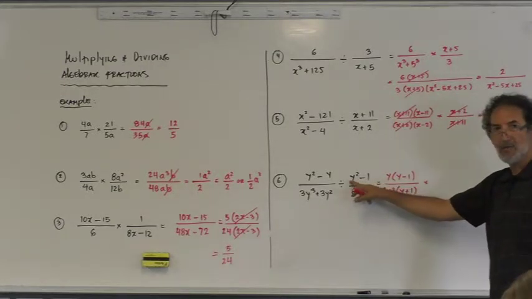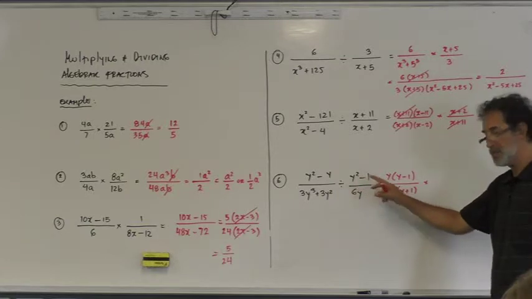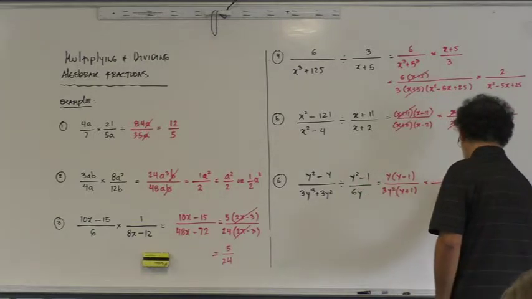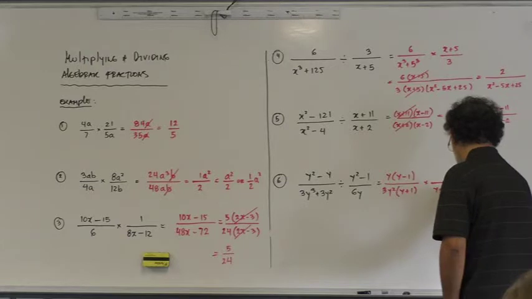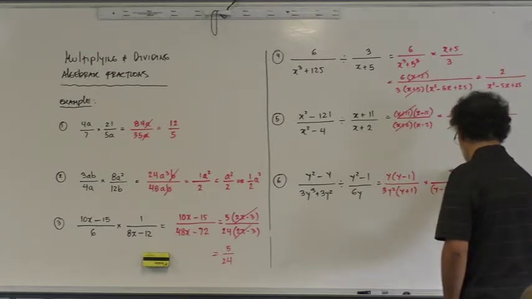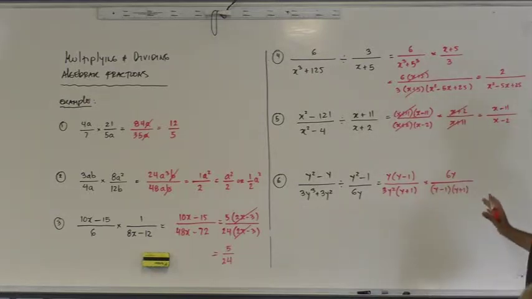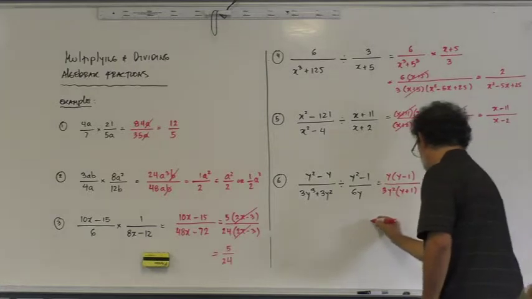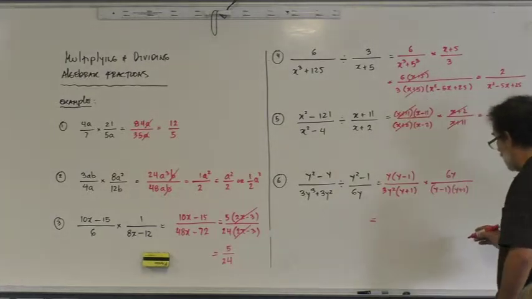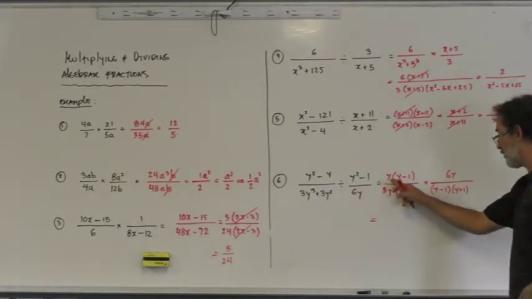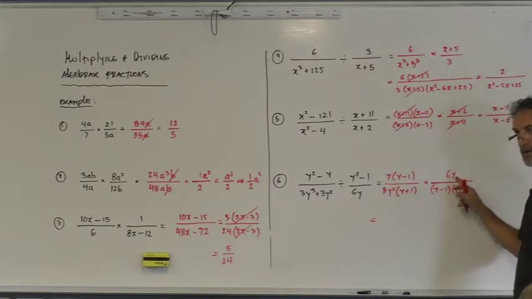But in here you can see that we have the difference of two squares. So we're going to have y minus 1, y plus 1, and on top we have 6y. All right, so it's all factored. Now we're going to simplify. In here we have y, and in here we have another y that will make up y squared, right?